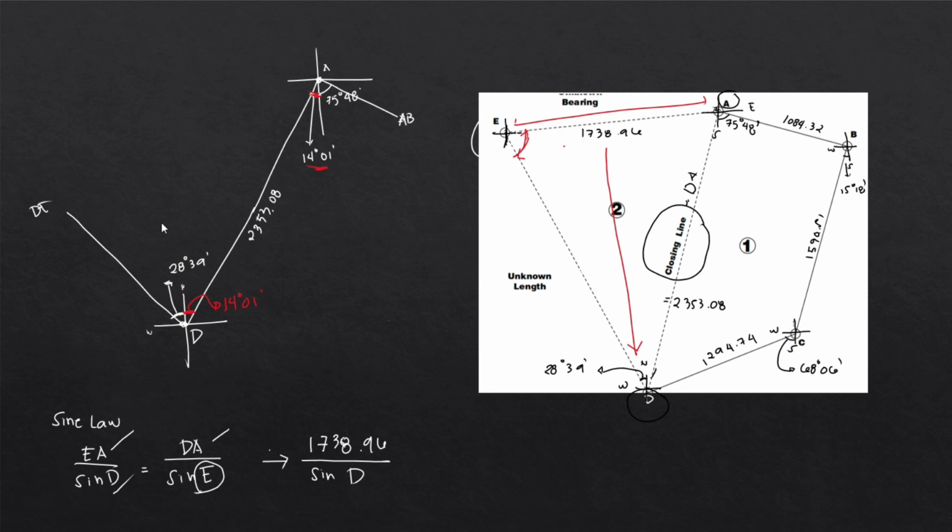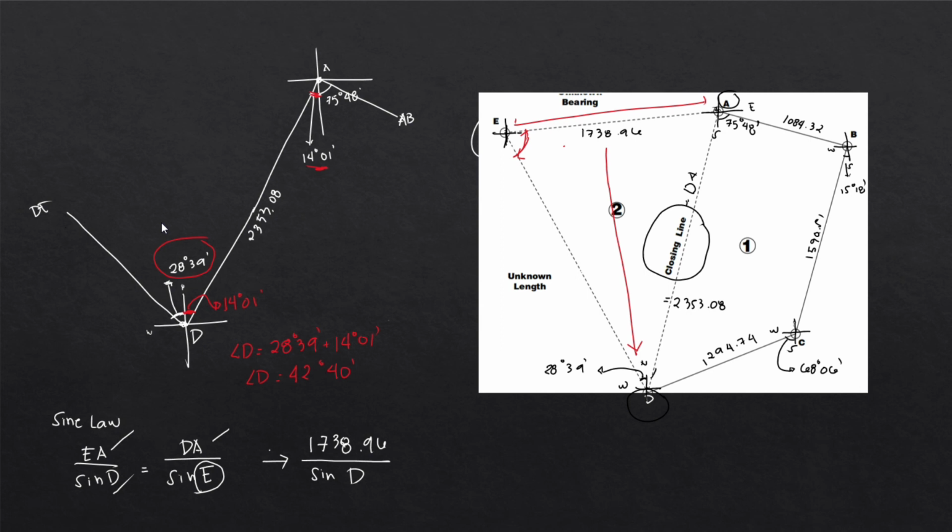Okay? So, meron tayong angle. So, angle D natin ngayon is equal to itong angle na to, yung 28°39' plus 14°1'. Angle D natin ngayon is equal to, meron tayong 42°40'.